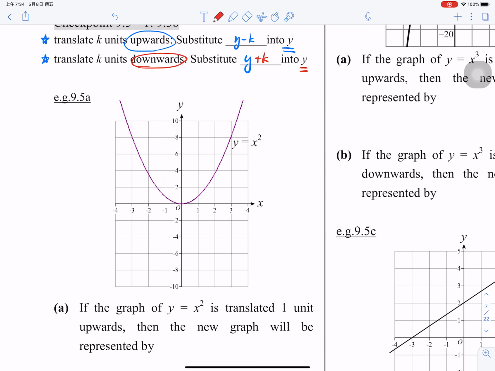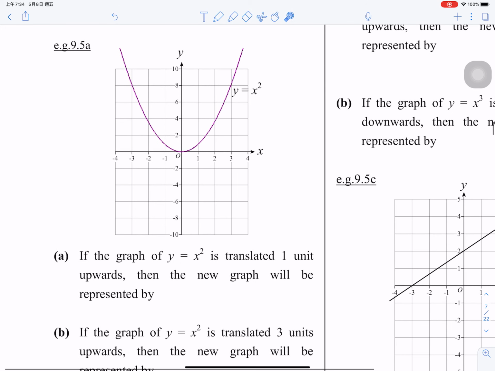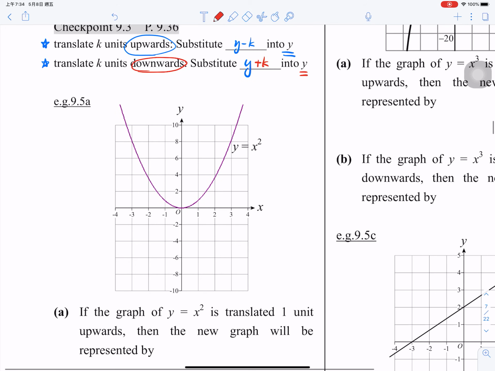9.5a. Part A. If the graph of the function y equal to x squared is translated 1 unit upwards, then the new graph will be represented by, just now we said that, translate 1 unit upwards, then substitute y minus k into y.